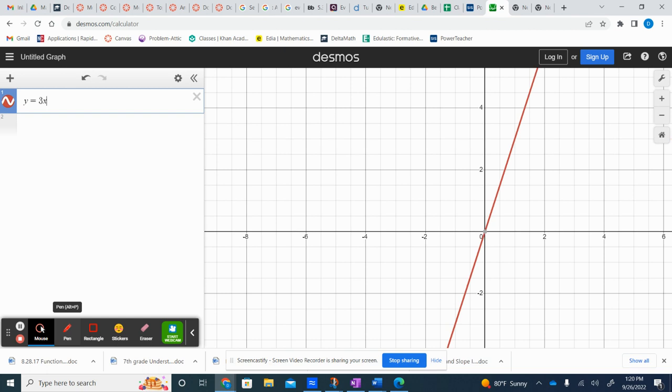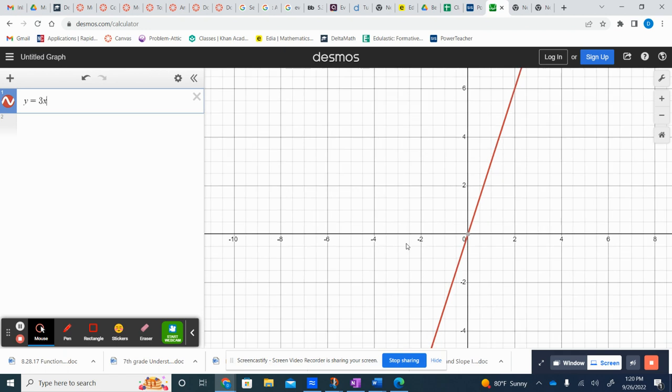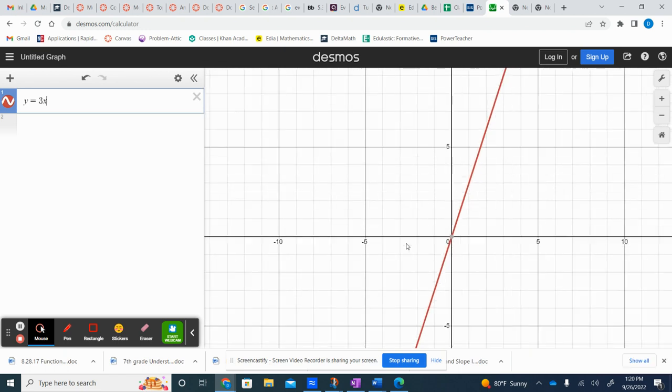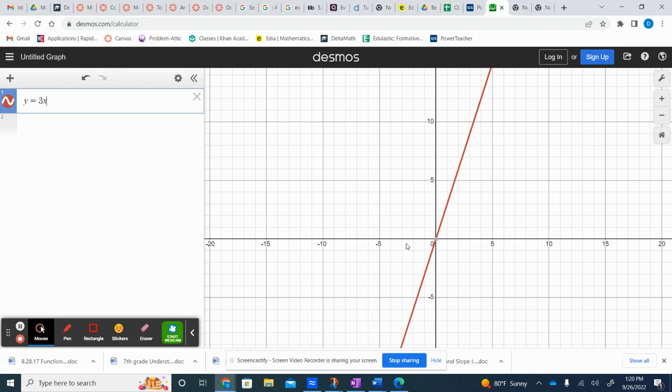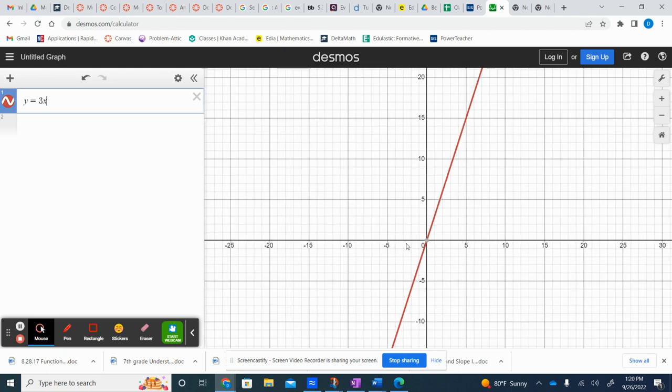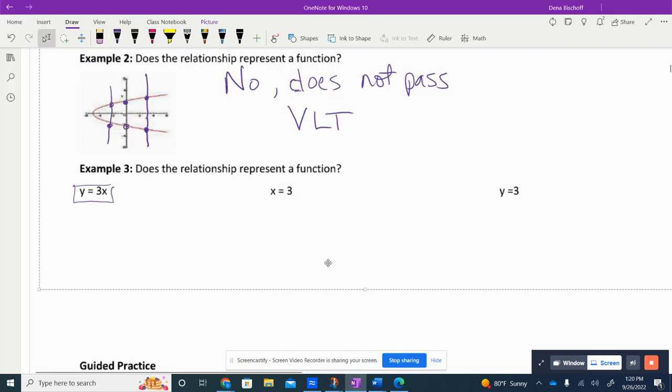So would that pass the vertical line test? Okay, what if I make it really small? It doesn't really look like it's changing. Would that pass the vertical line test? Yes, it would. So yes, it passes the vertical line test.